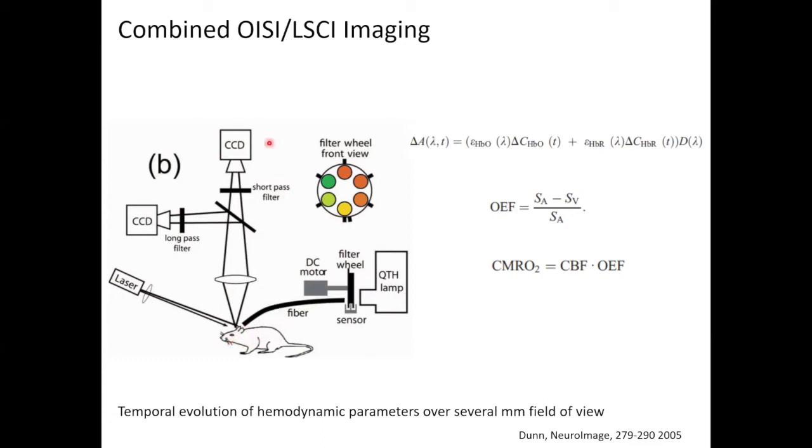All these get detected by different cameras, and so with these very simple computations, you can monitor CMRO2 non-invasively over time for an extended period of time. It's very elegant, very efficient. The trade-off that you make is spatial resolution and the penetration depth that you can achieve with it. So yet another technology.